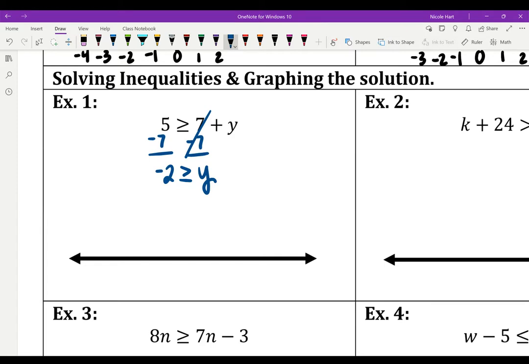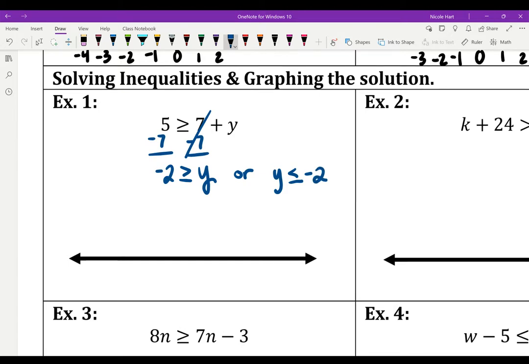Some students and teachers prefer that the variable be on the left-hand side. It can be a little bit easier to handle. So we can flip the whole thing. We're going to put the y on the left-hand side. When we do that, we're going to flip over the symbol, and the smaller end of that symbol needs to still be facing the y.